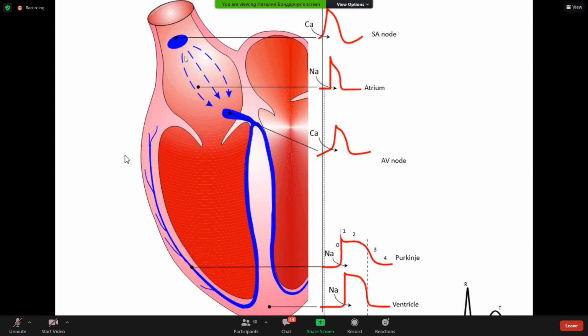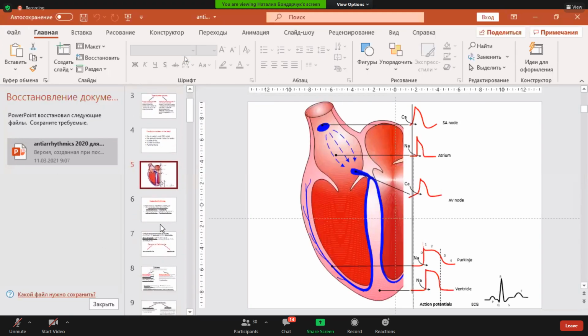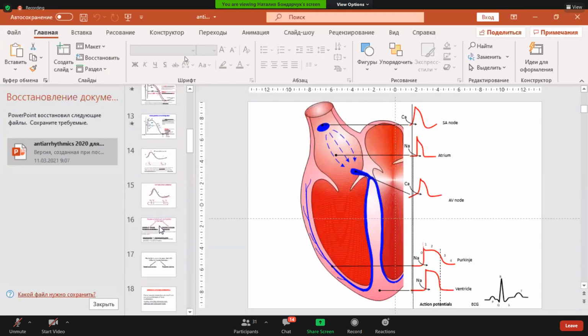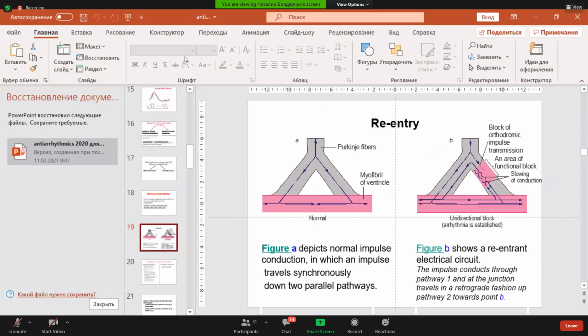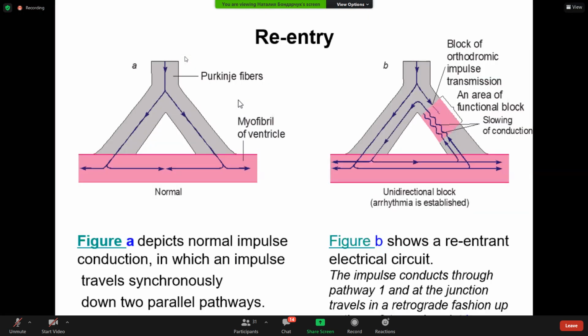So I have such a type of arrhythmia. One minute, I will find it and show it to you. Re-entry. On this diagram you can see, on the right, the region of ischemia.